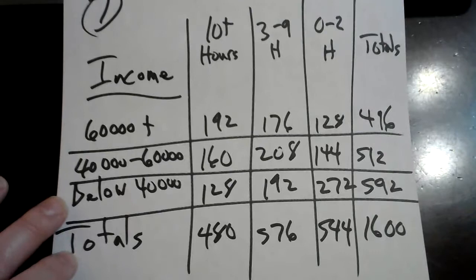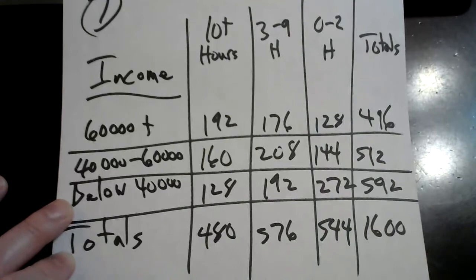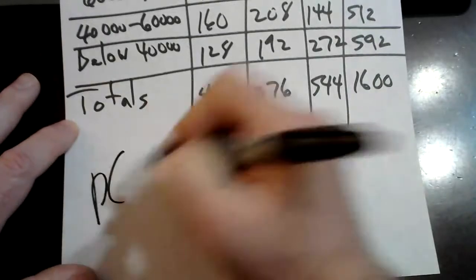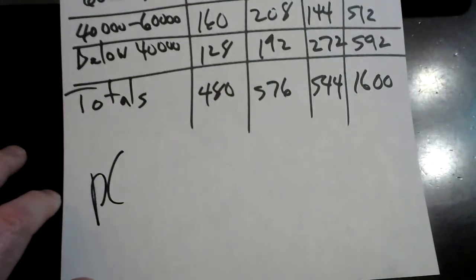So let me read it again. It says, what is the probability that the person either spends 0 to 2 hours per month shopping on the internet or has an annual income below 40,000? So let me use some mathematical notation to abbreviate that.